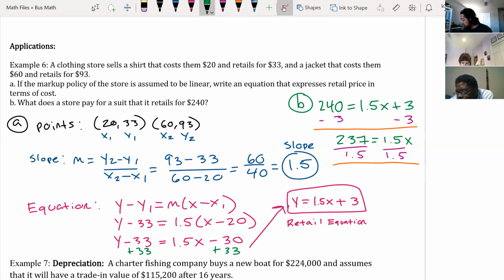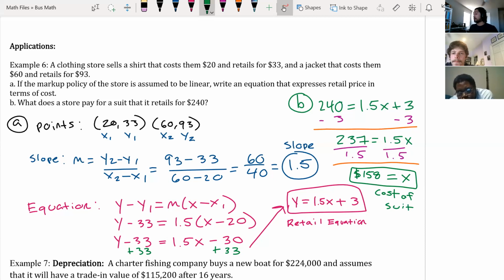And what is 237 divided by 1.5? 158. Good. $158 equals x. Okay, perfect. And this would be the cost of the suit. Okay. That was example 6. Any questions on that?